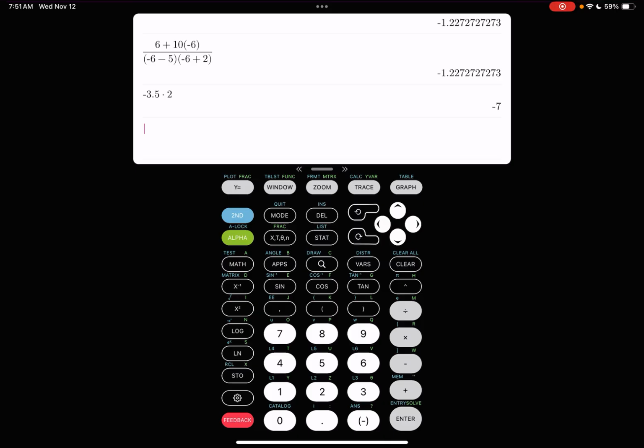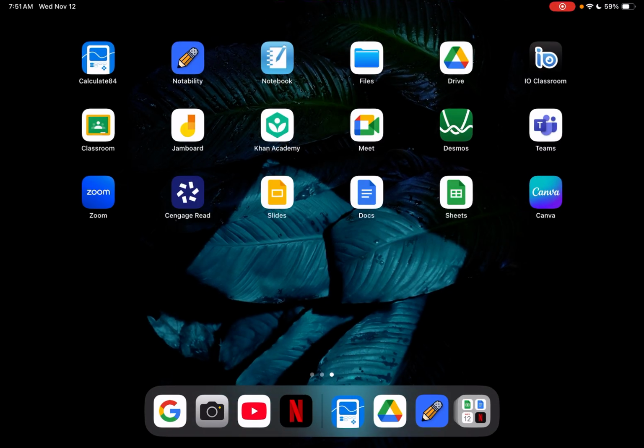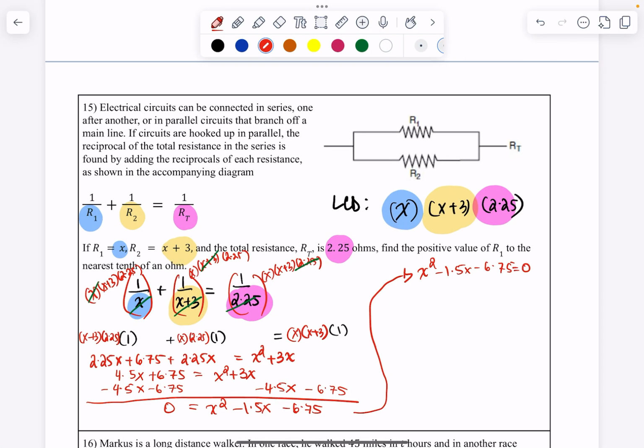We may need to use something called the quadratic formula, but I don't know if we all remember it. I'll show it to you with the quadratic formula, but the one on the test is not going to be with the quadratic formula. So let's see. A is equal to 1, B is equal to negative 1.5, C is equal to negative 6.75.